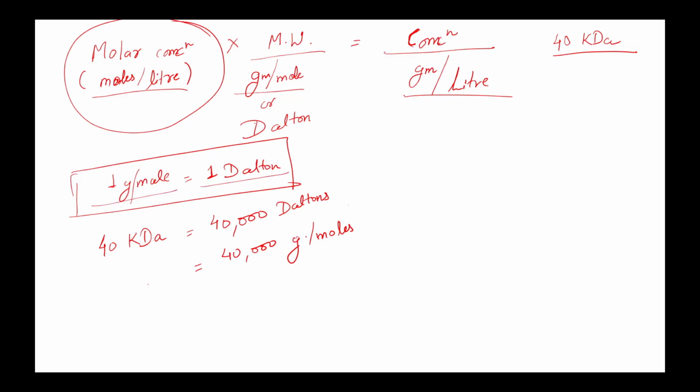The concentration we have is 12 mg per ml. So we have one value in grams per mole and one in mg per ml; we have to keep only one unit, so let's change this.